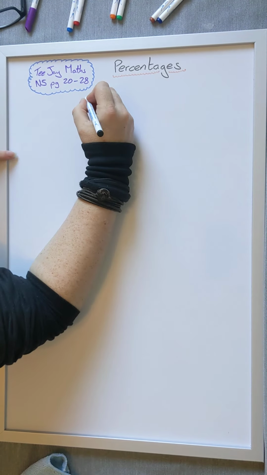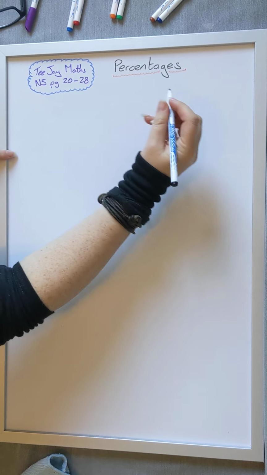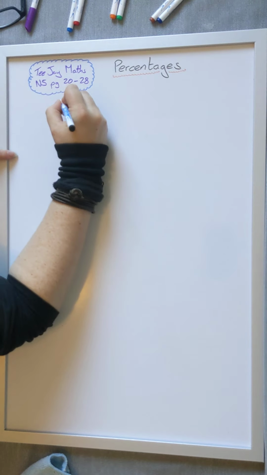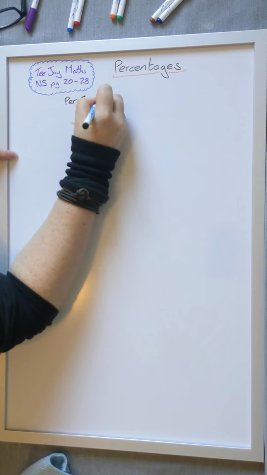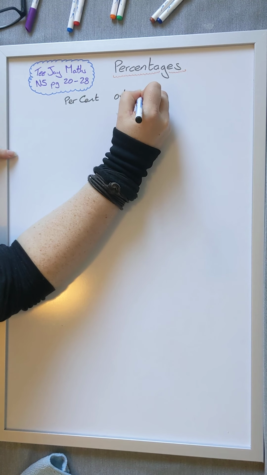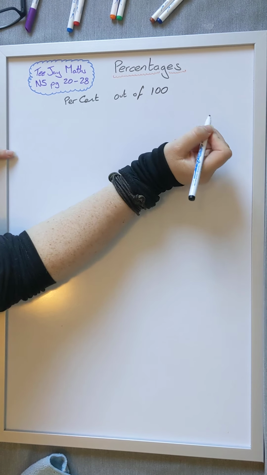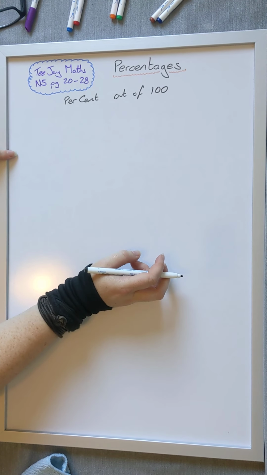In a normal percentage question, if you're asked to find a percent of an amount, we'll start with percent. It simply means out of 100. And to convert from a percent to a decimal or a fraction, you're going to simply divide by 100.